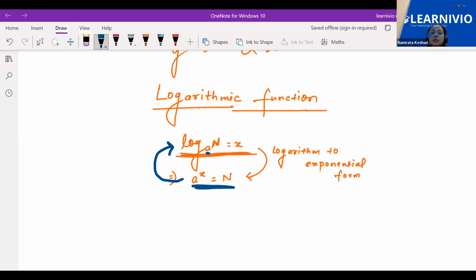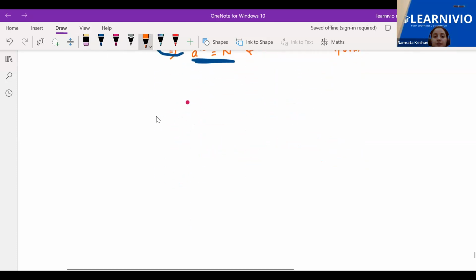Okay, now let's see a few examples. Suppose we have log 8 base 2 is equals to k. What's the need of converting the logarithm to exponential form?